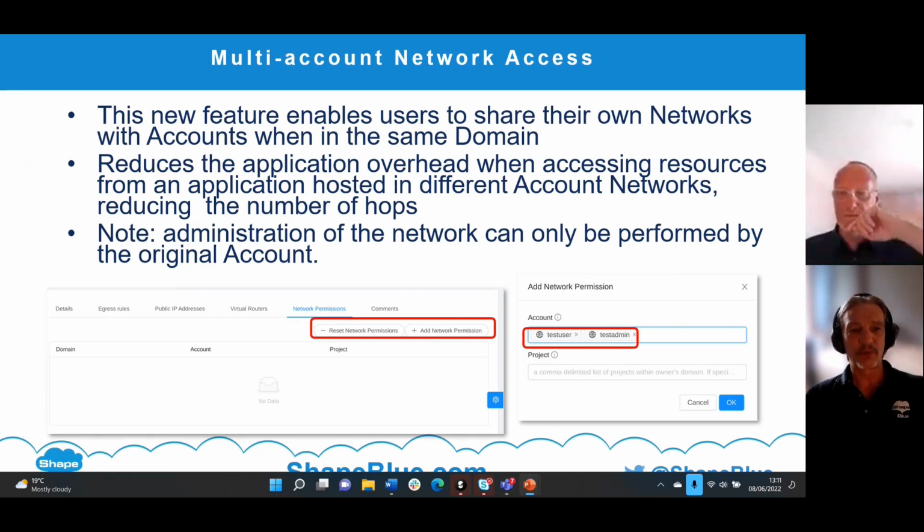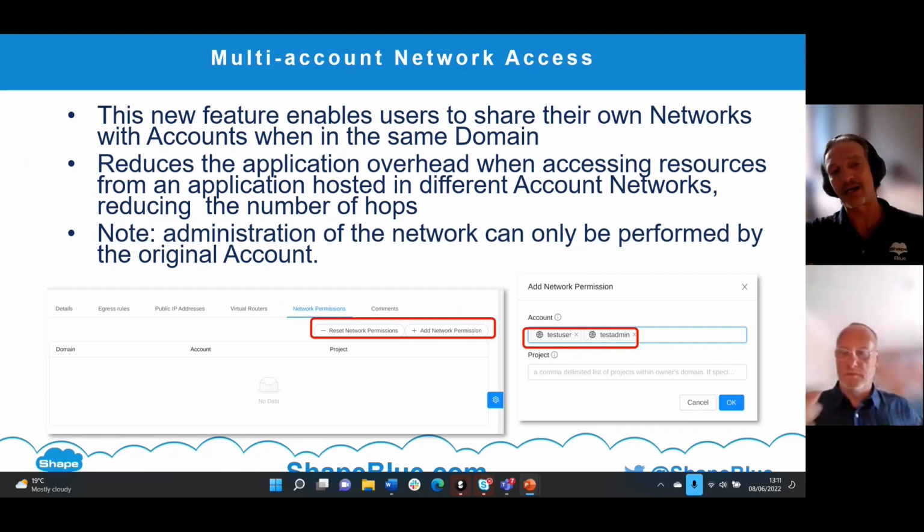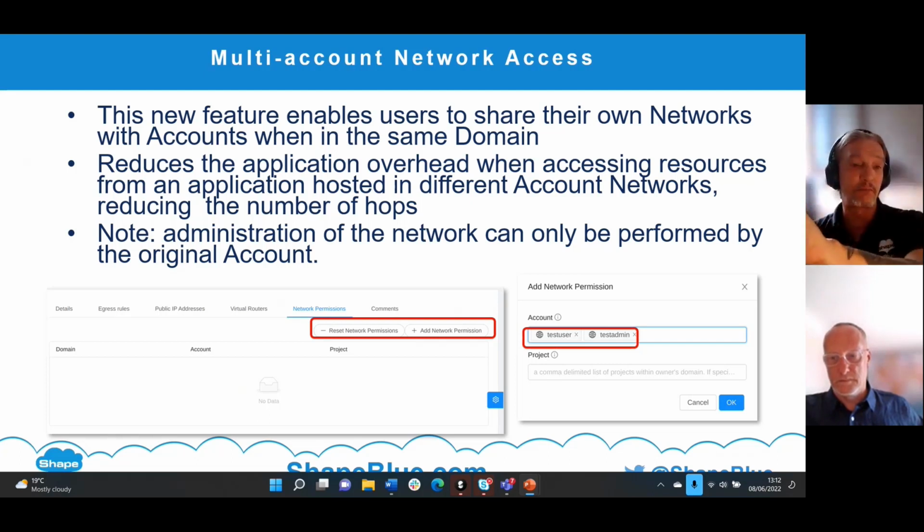Well, in this case, for example, you have an API from another account in the same domain that the application needed to access. Before, how was the behavior? The packet from the virtual machine, to access another network, the API for example, needed to go first to the virtual router, then cross the public network, go through another virtual router and go to the application.